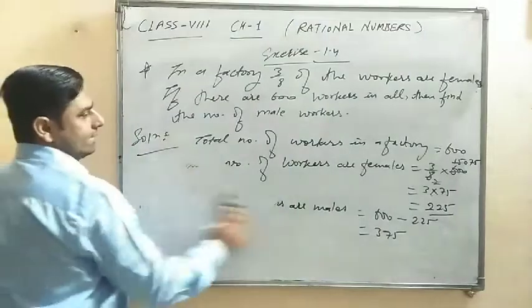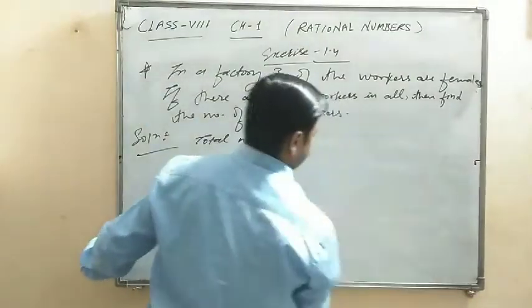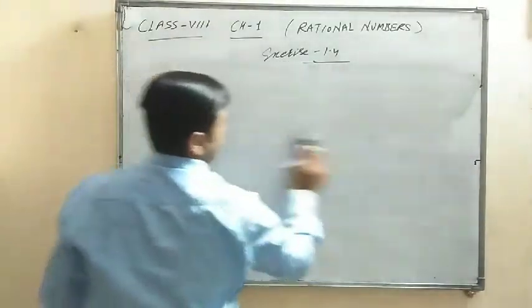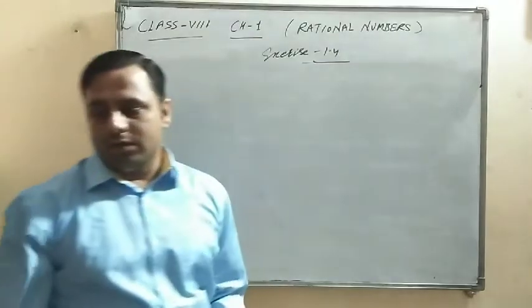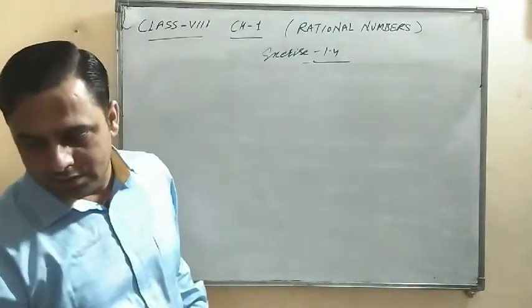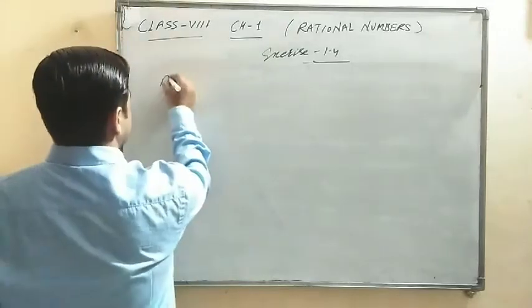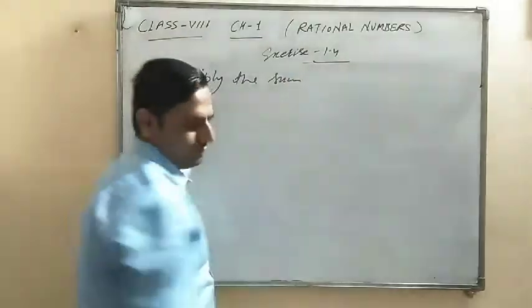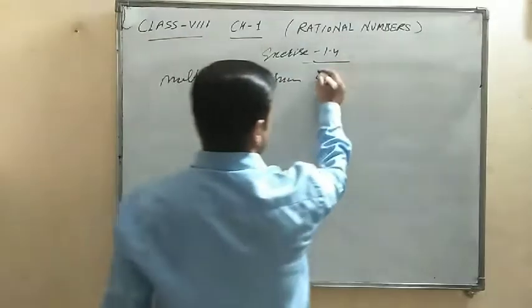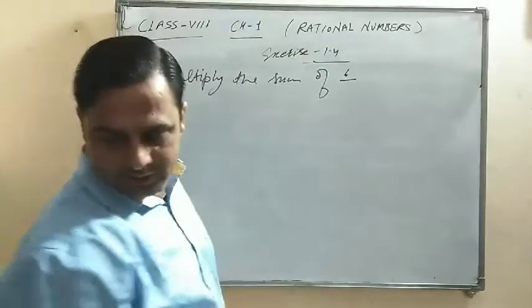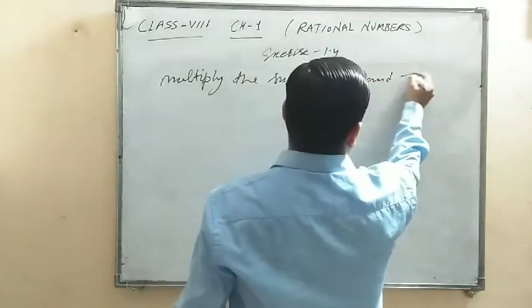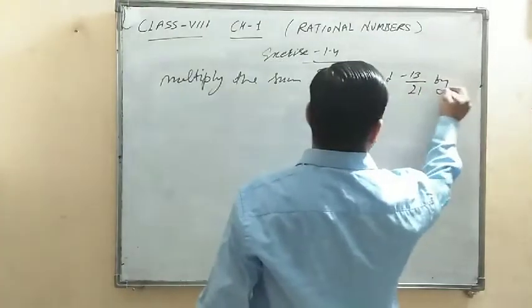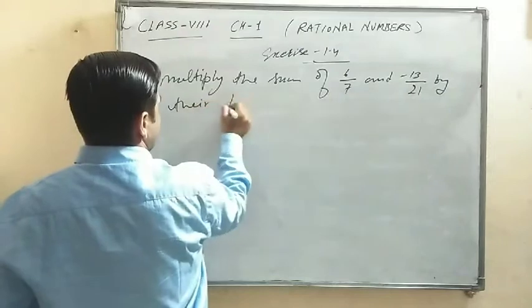The next question is: multiply the sum of 6 upon 7 and minus 13 upon 21 by their difference.